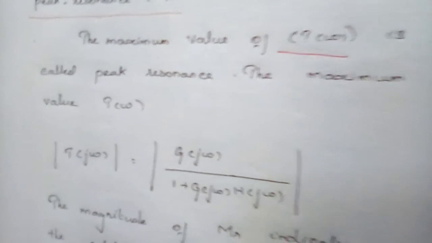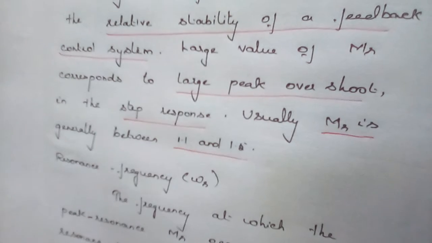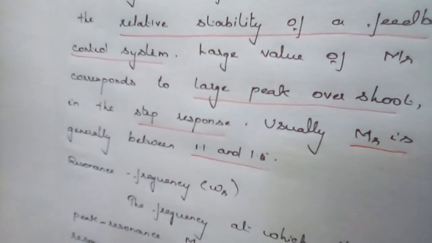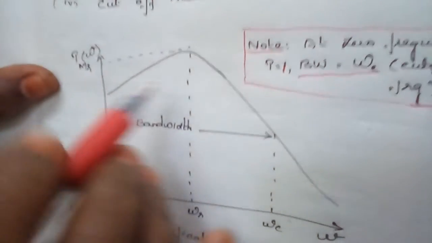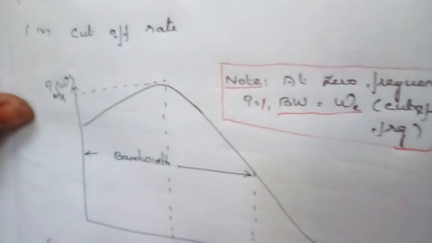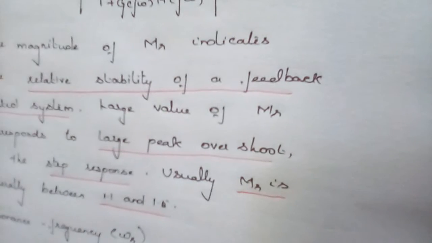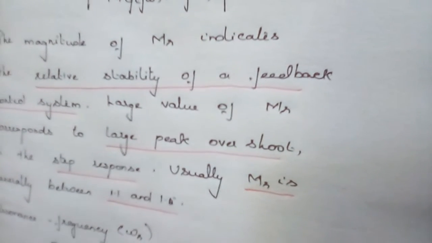Next is resonance frequency, given by omega R. In this frequency response curve, it is denoted here. For the maximum MR, we have a resonant frequency omega R. The resonance frequency is defined as the frequency at which the peak resonance MR occurs, as said earlier with the magnification curve.